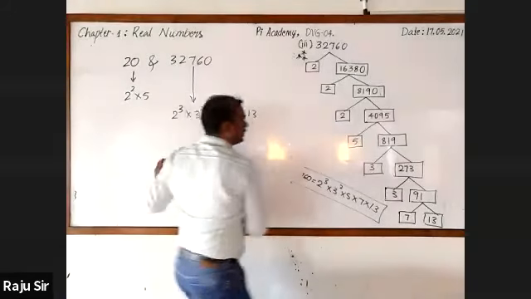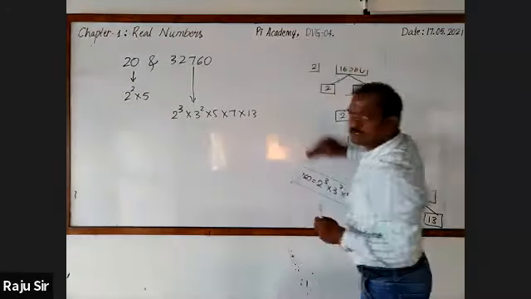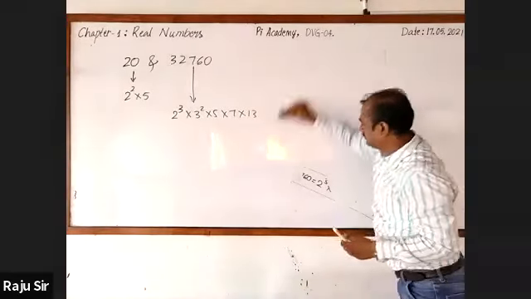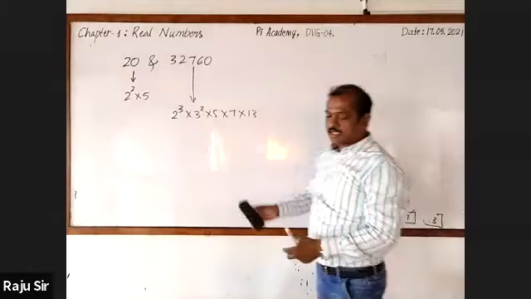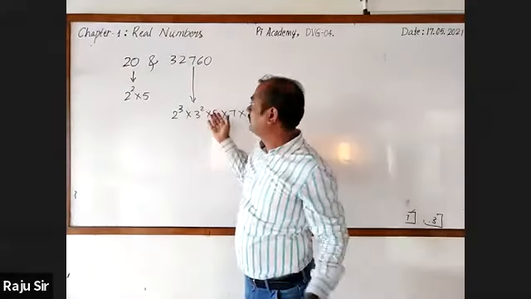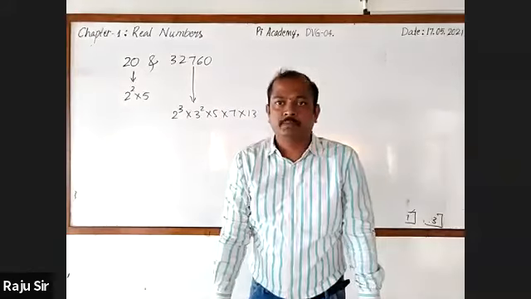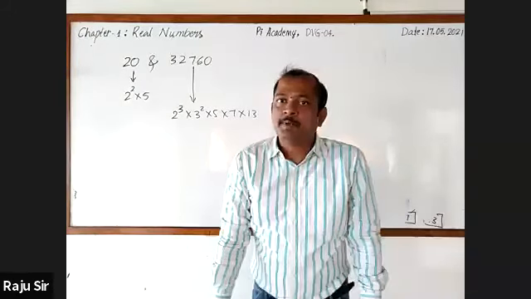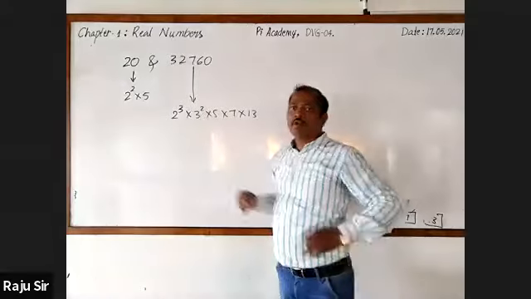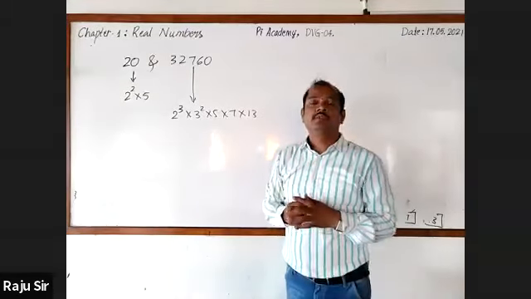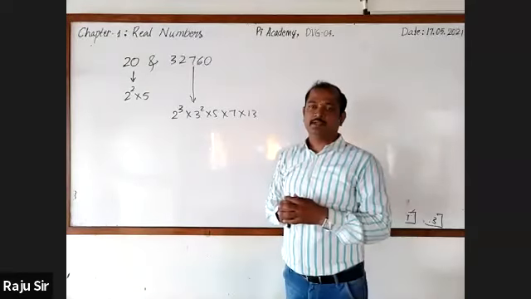Both are composite numbers, expressed as the product of their prime factors. So it is according to the prime factorization, nothing but the fundamental theorem of arithmetic. My simple question is, in both you can observe the uniqueness of the fundamental theorem of arithmetic.